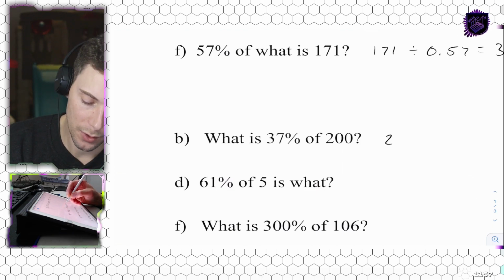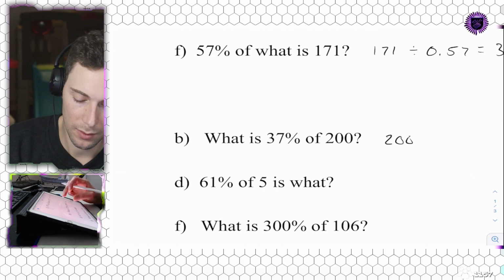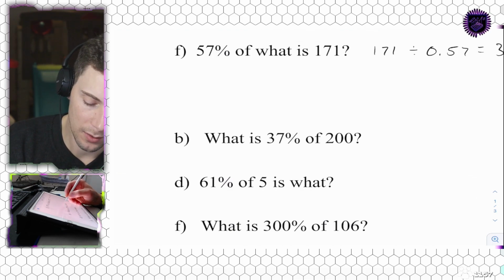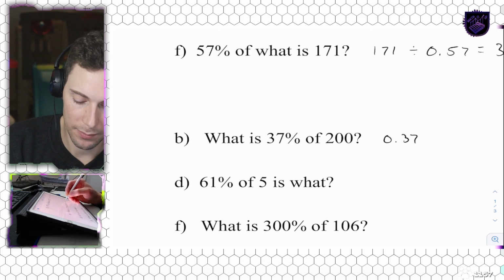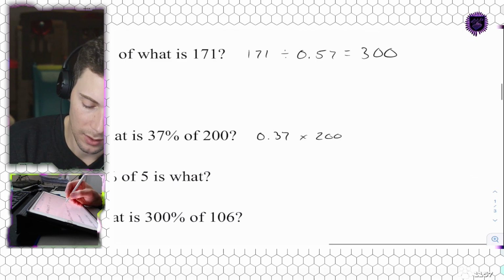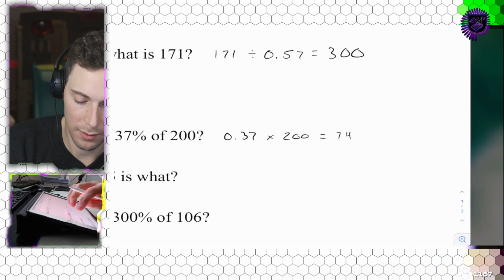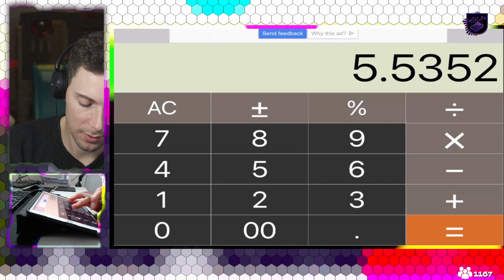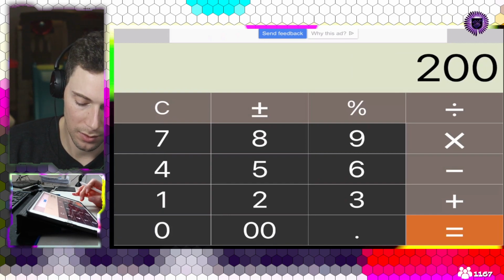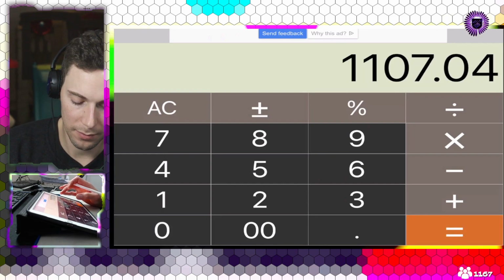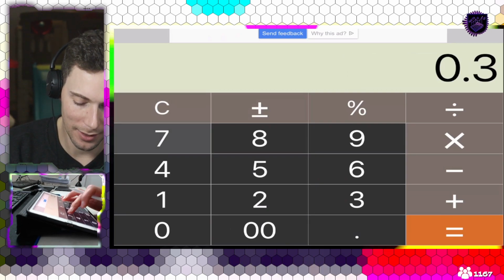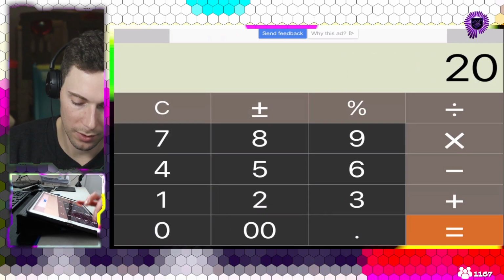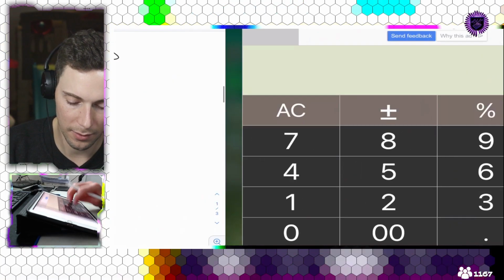We'll go 0.37 times 200 equals 74. Whoa, wait a second. 0.37 times 200 equals 74. Okay.